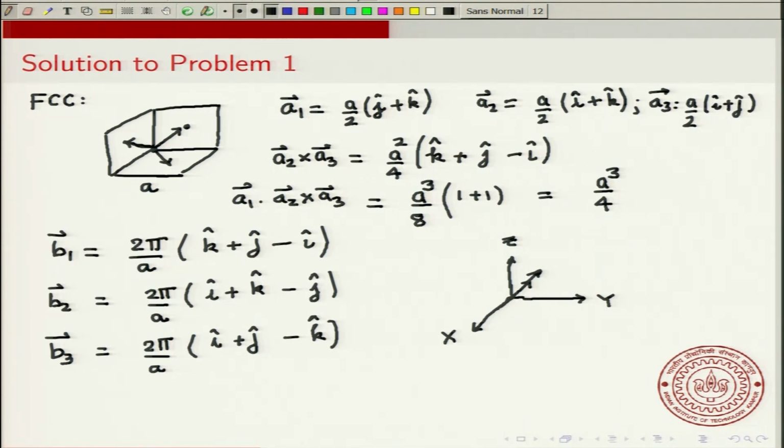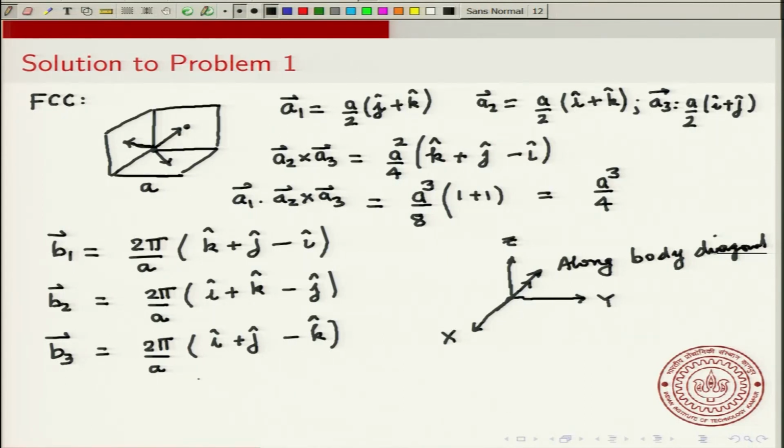Similarly, the others, so this is clearly along the body diagonal, okay. So, similarly all these will be along body diagonals, okay.